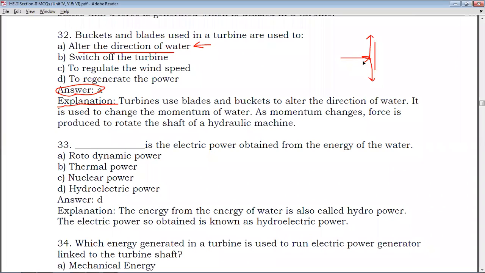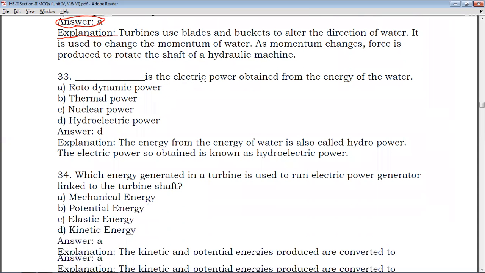Now, if the direction of water was not altered, what would have happened? The jet of water would have traveled continuously in the forward direction, which we do not want, and which is of no use to us. So buckets and blades used in turbine are used to alter the direction of water.